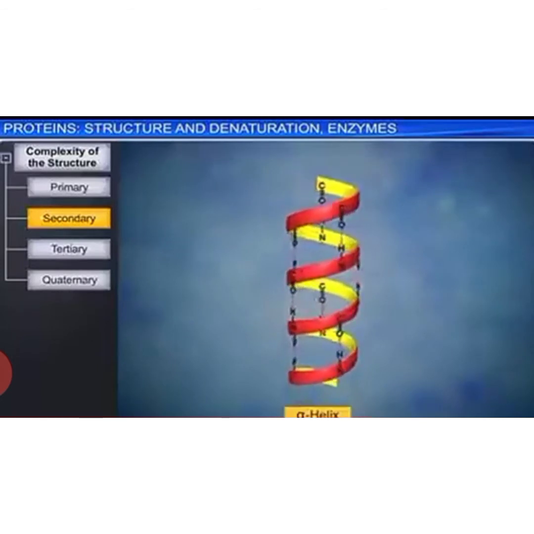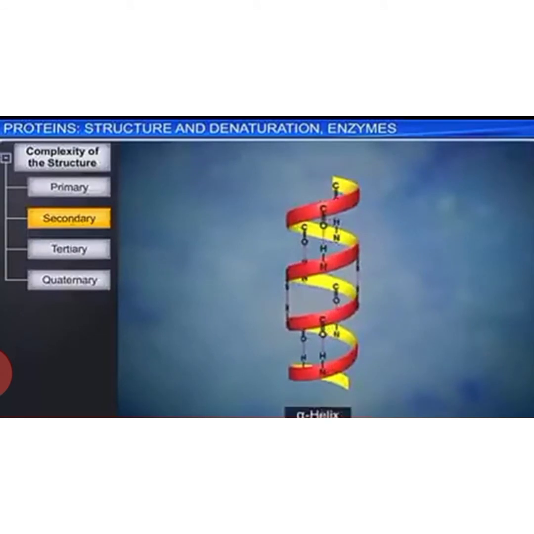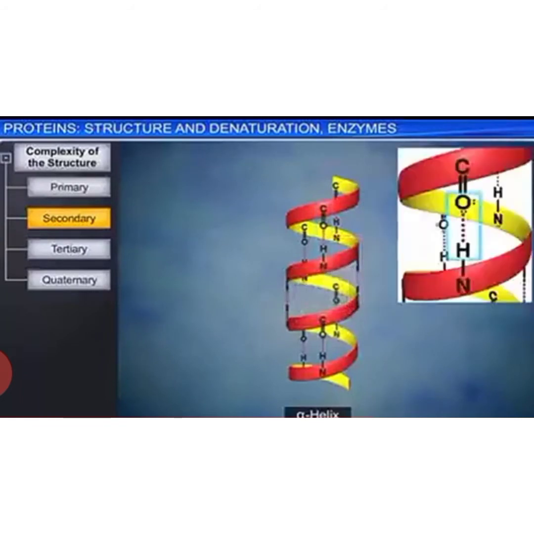The alpha helix is a right-handed helical chain in which the hydrogen bonding occurs between different pairs of the chain to hold the helix together. The hydrogen bonds occur between the oxygen atom of the carbonyl group of one amino acid residue and the hydrogen atom of the NH group of a different amino acid residue on the adjacent turn of the helix, as shown here.